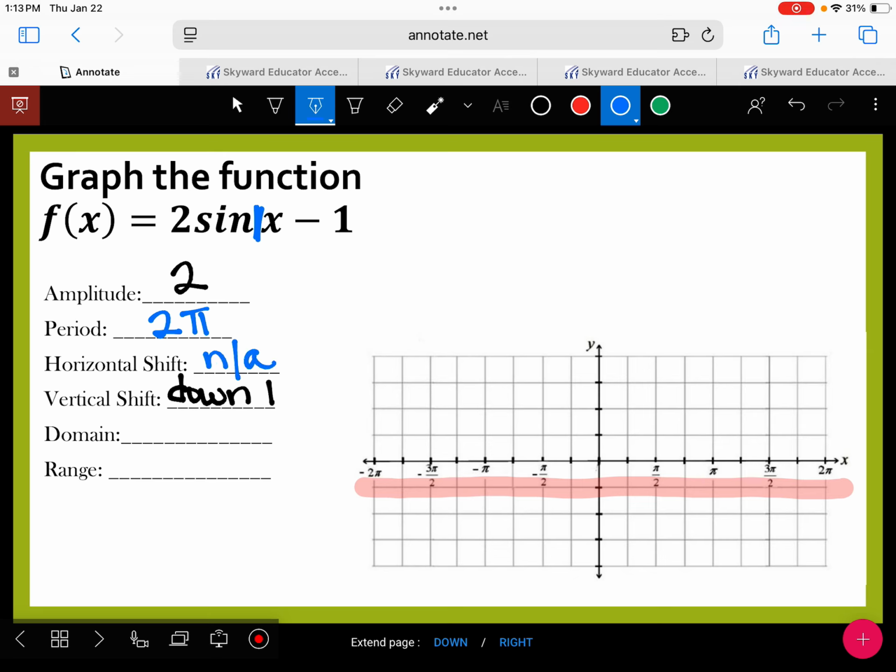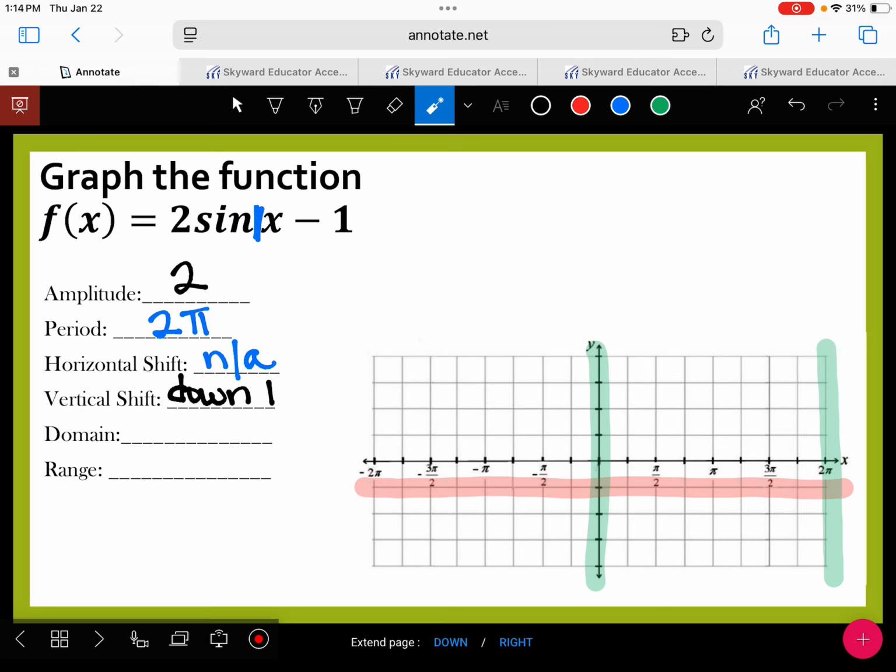All right, so now I think sine is the easiest. We don't have any shifts, so I'm starting here and I'm ending at 2 pi. Nothing shifted. My period is 2 pi, so I'm going to put a point every 2 hops. Starting here, where does sine start? Does sine start at the top, the middle, or the bottom?